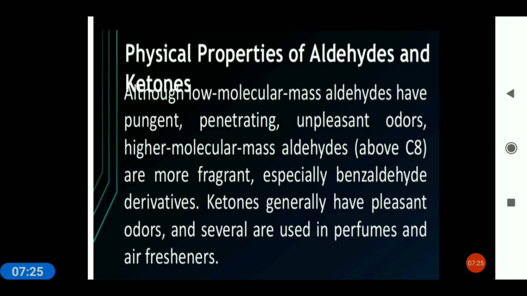Although low molecular mass aldehydes have a pungent, penetrating, unpleasant odor, higher molecular mass aldehydes are more fragrant, especially benzaldehyde, which is there in almonds. Ketones generally have a pleasant odor, and several are used in perfumes and air fresheners.